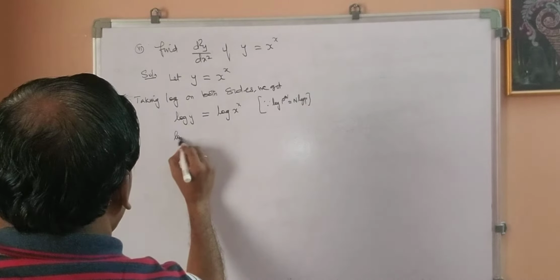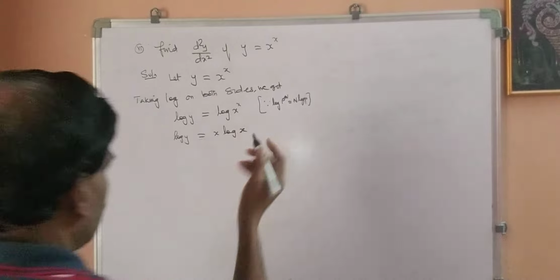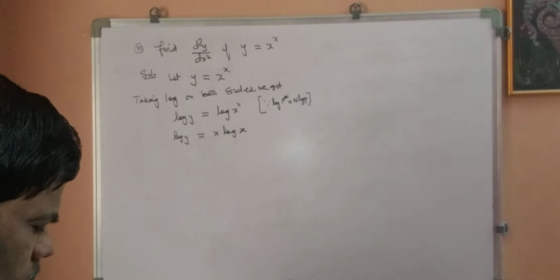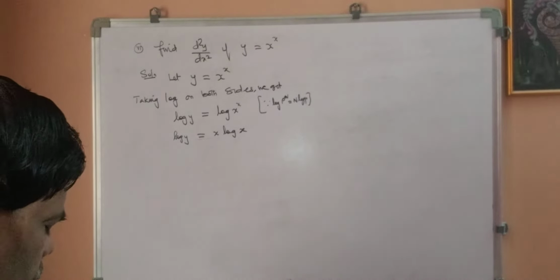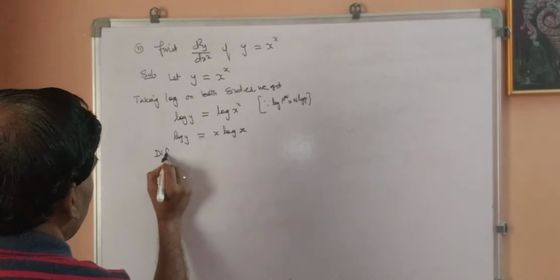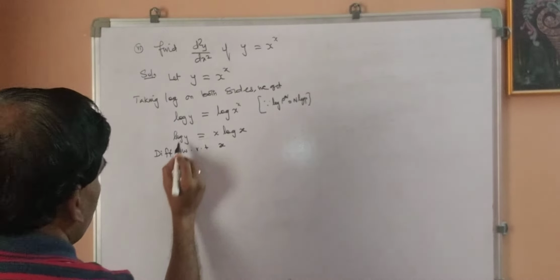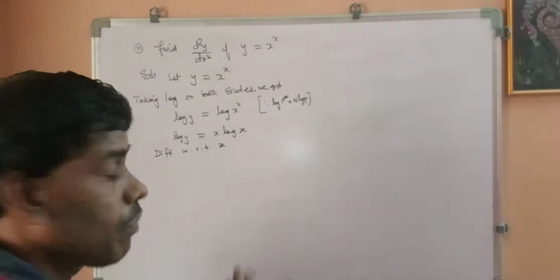So, it is log y equal to x log x. Followed? Now, what do we want? We wanted to find the first derivative, differentiating with respect to x. What is the derivative of log y?